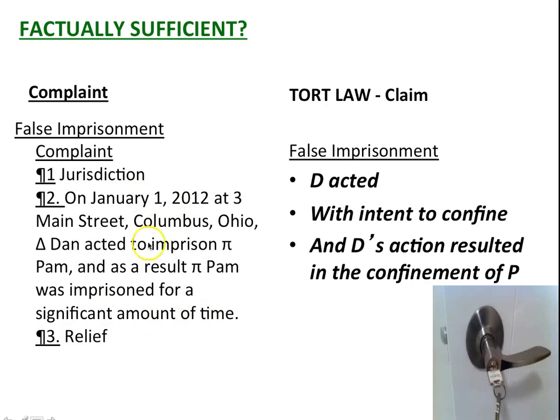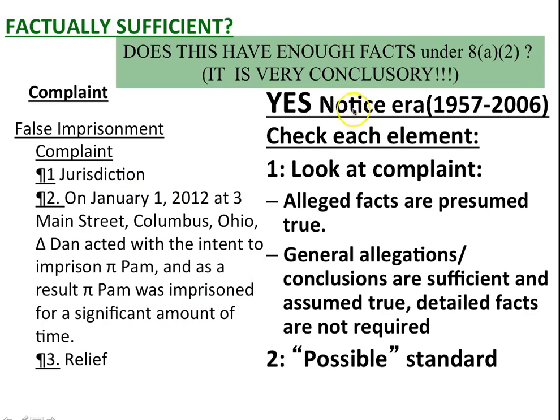Is this factually sufficient? Under the notice era, the answer would be yes. Even though it's very conclusory, in the notice era we would say that it did state a claim, it had sufficient facts. Why? Remember, we presume both facts like January 1st, 2012 are true.